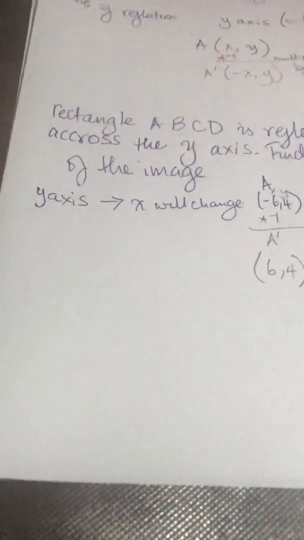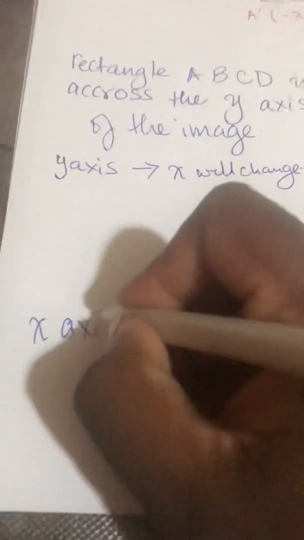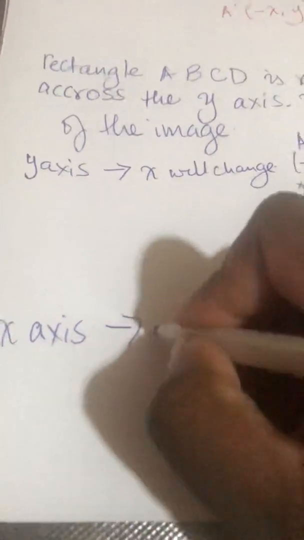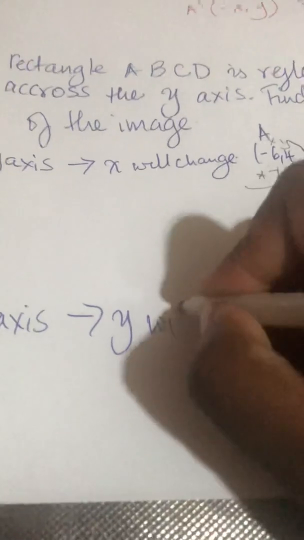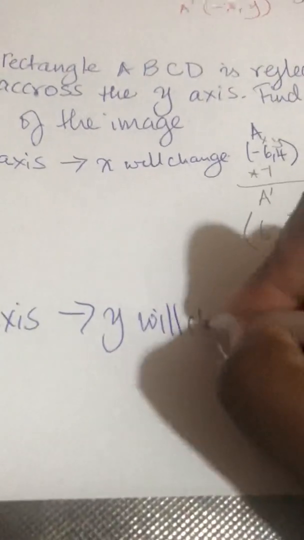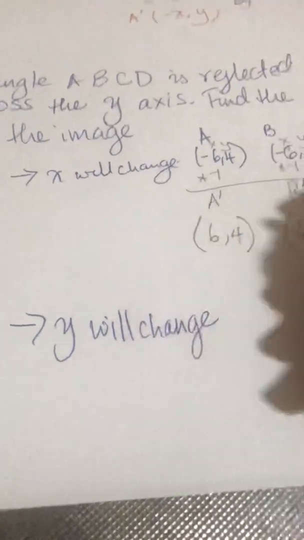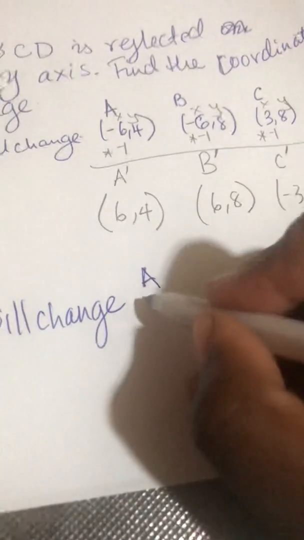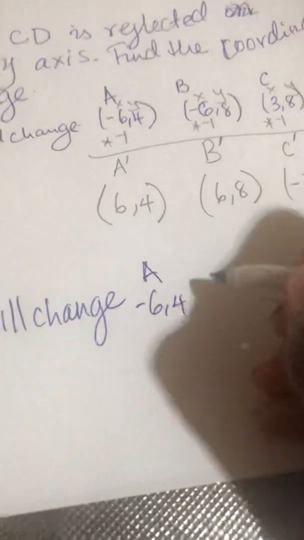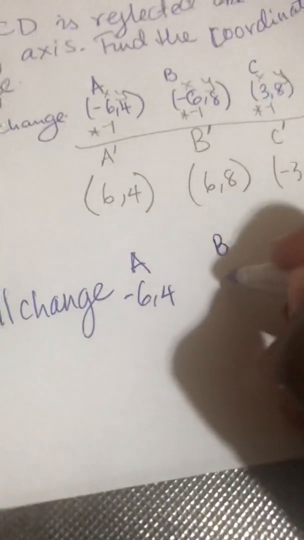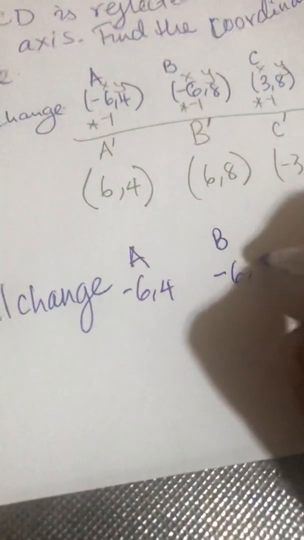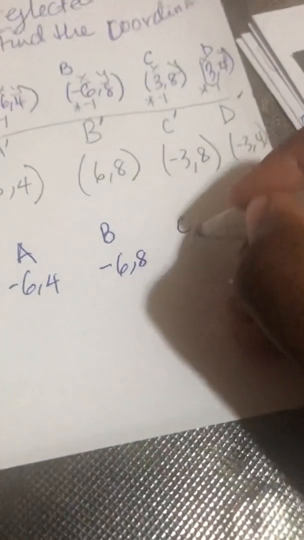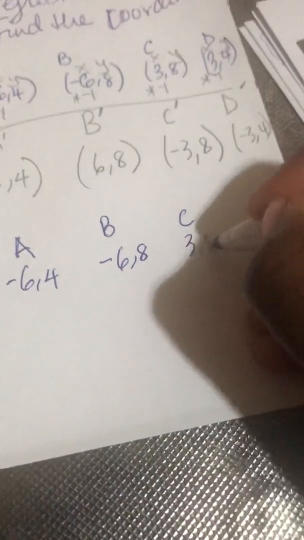Okay? What if it says reflect across the x-axis? I know that y will change. So I use my same points. A is -6, 4. B is -6, 8. C is 3, 8.